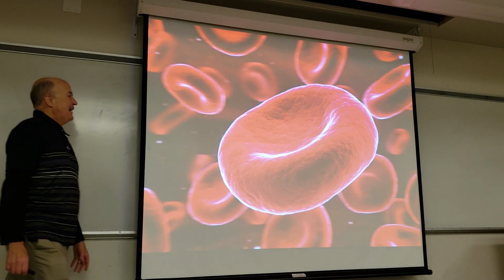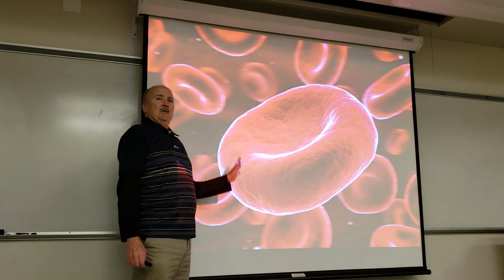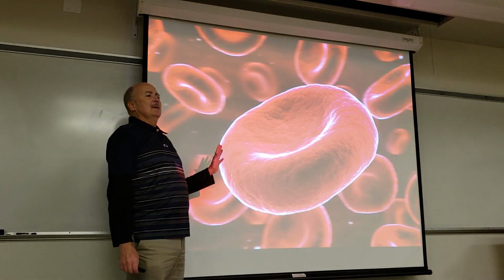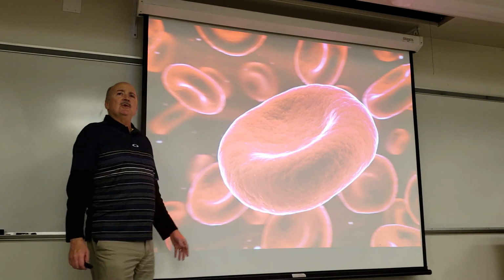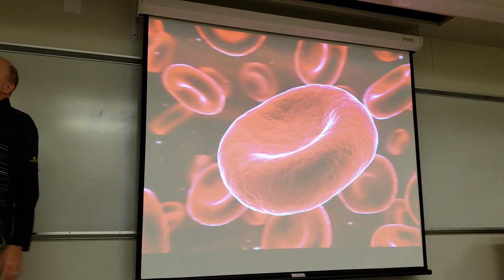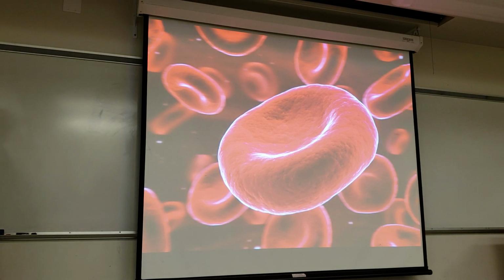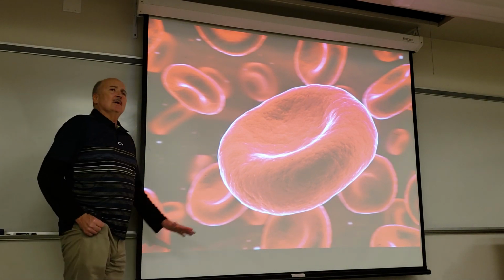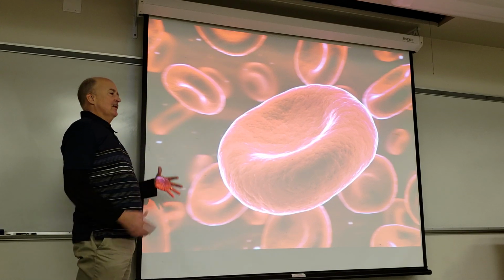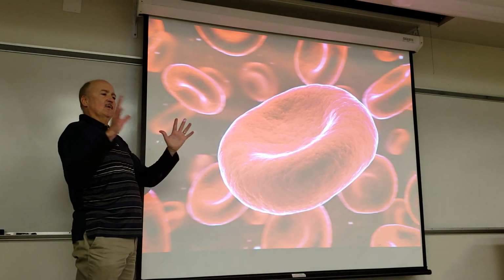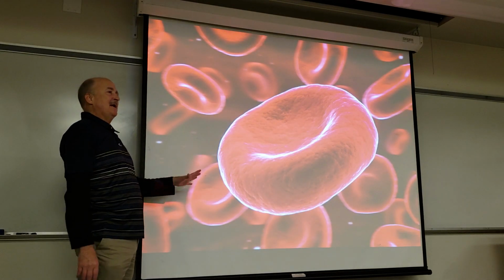Well, what happens is all of your cells are covered with proteins that are identifying those cells to your immune system. Your immune system includes a vast number of defensive proteins that are circulating through your plasma, through your blood, through all of the different spaces in your body.